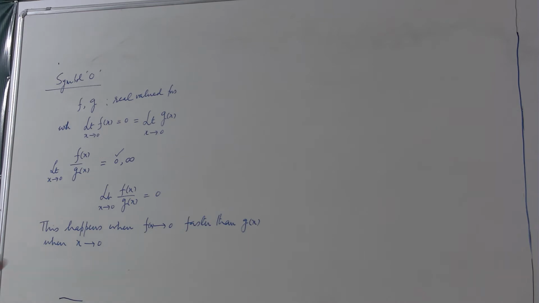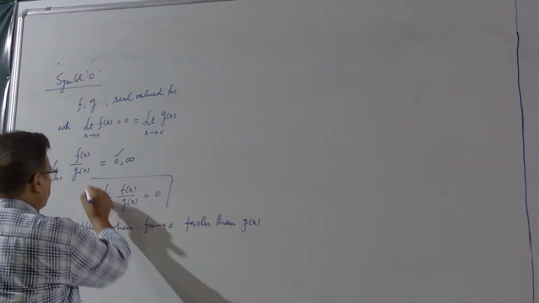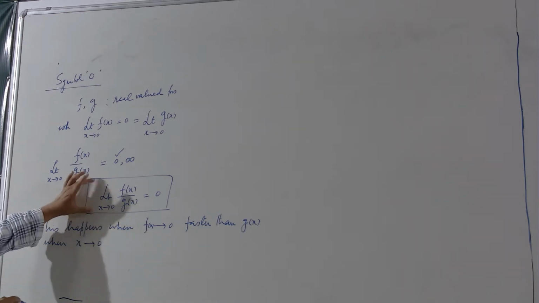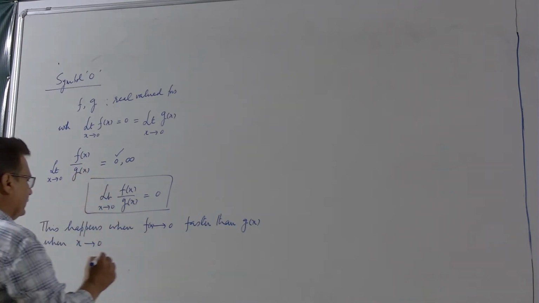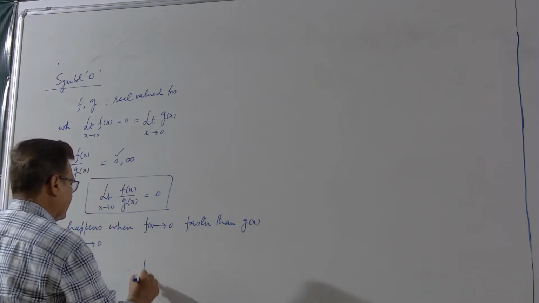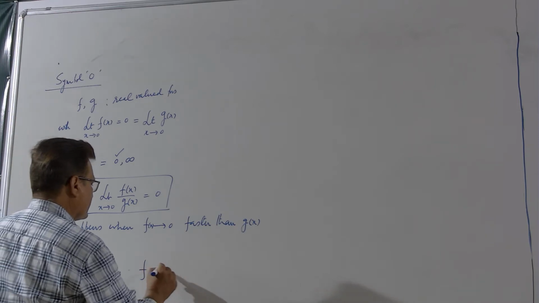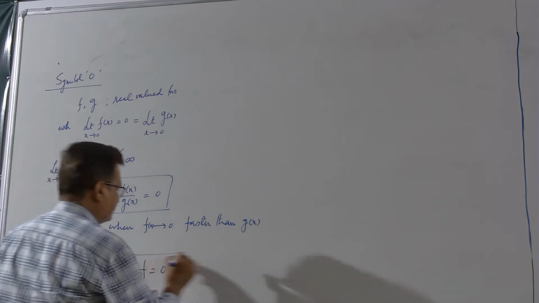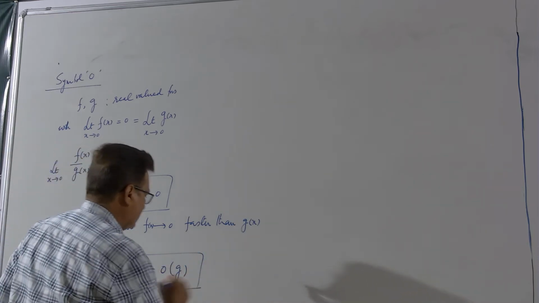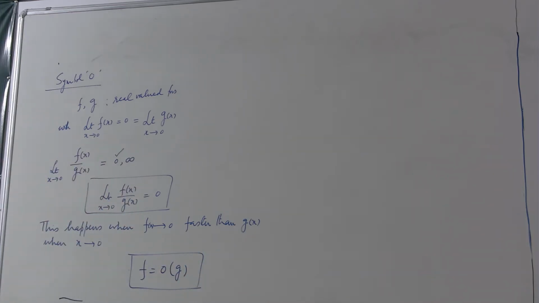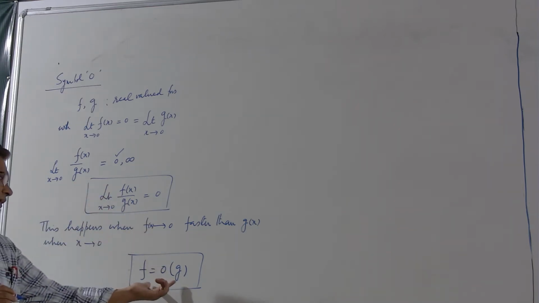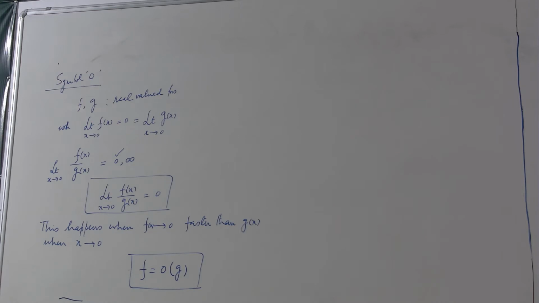And this fact is expressed by writing a symbol. So, when this condition holds, we write that f is little o g. So, symbolically this limit equal to 0 is expressed by writing f equal to little o g.